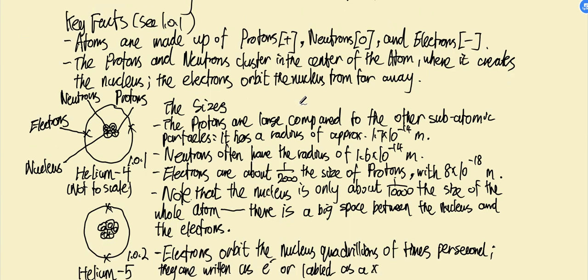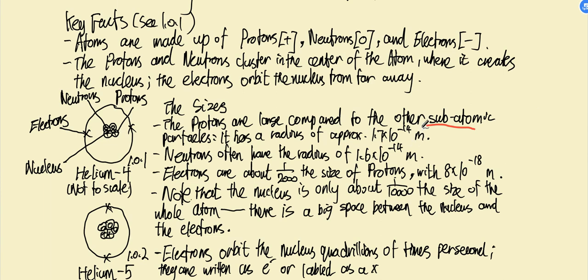A proton is larger than any other subatomic particle. A subatomic particle is something that's in an atom and smaller than an atom. It has a radius of 1.7 times 10 to the negative 14th power meters. That's 0 followed by 14 zeros, then 17.